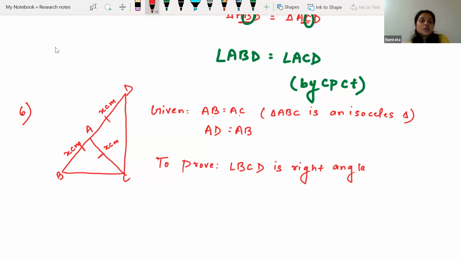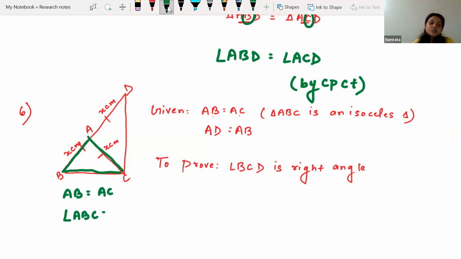Now, if we focus on this triangle, the green triangle, here AB is equal to AC. So can I say angle ABC is equal to angle ACB? Angle opposite to equal side will be equal.